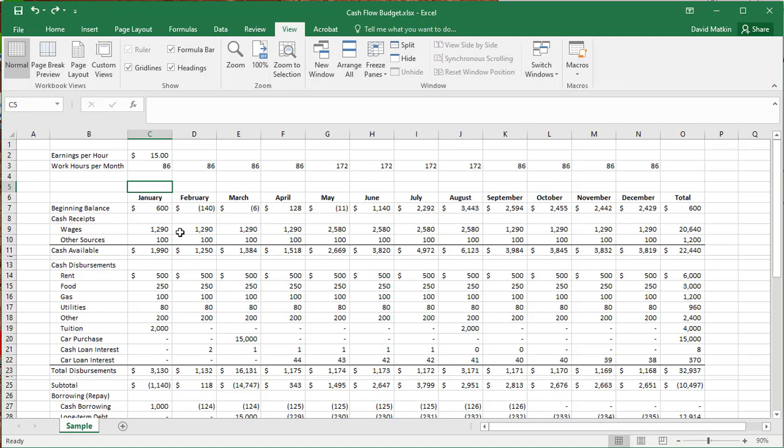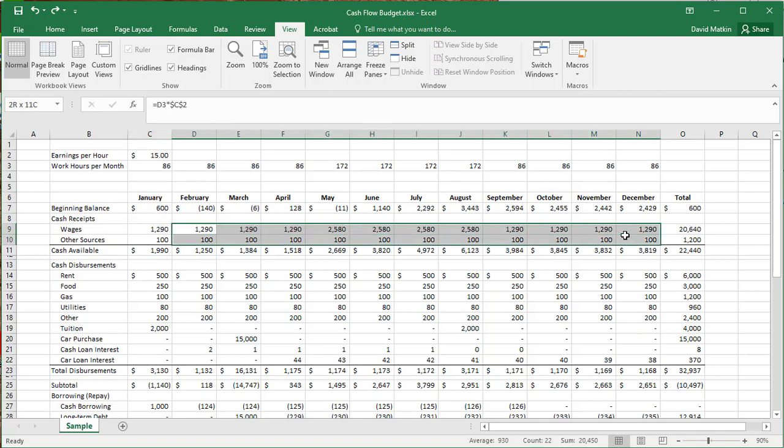You'll notice that these numbers are probably not going to be exactly accurate to what happens in real life, because we've made assumptions about how many hours we'll work and that there's been no change to the earnings. There's a lot of rounding that goes on in budgeting. Sometimes it's worth your time to be very specific and precise, and other times all you're going to do is be wrong with a very precise number.